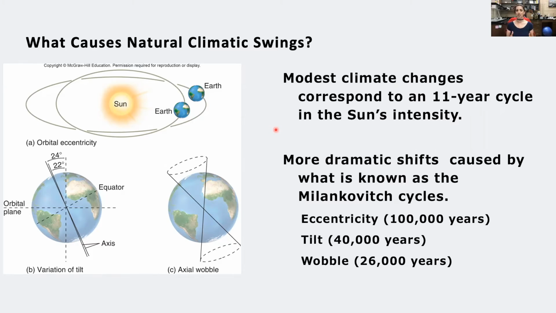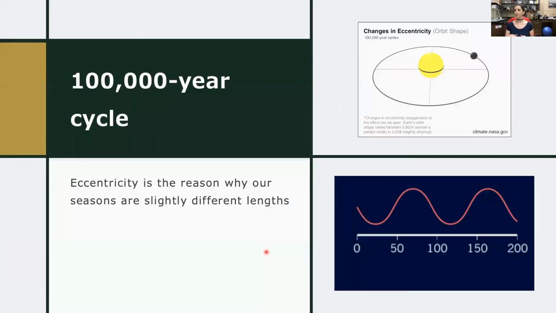More dramatic shifts are actually caused by what is known as Milankovitch cycles, or orbital cycles. There are 3 types of Milankovitch cycles: eccentricity, which occurs every 100,000 years; tilt, or obliquity, as it's also called, which occurs every 40 to 41,000 years; and then wobble, or precession. That is on a 26,000 year cycle. So let's talk about what each of those mean.